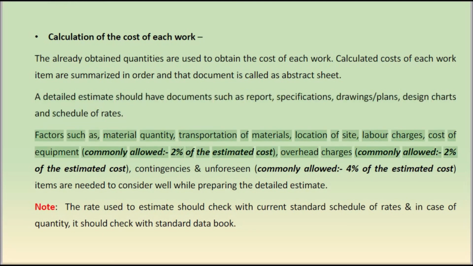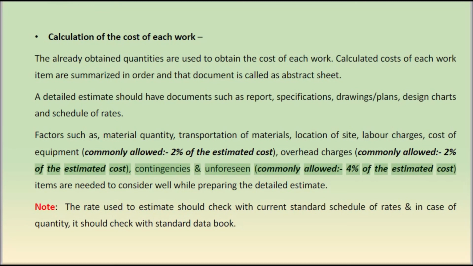Factors such as material quantity, transportation of materials, location of site, labor charges, cost of equipment, commonly allowed 2% of the estimated cost, overhead charges, commonly allowed 2% of the estimated cost, contingencies and unforeseen, commonly allowed 4% of the estimated cost, need to be considered well while preparing the detailed estimate.